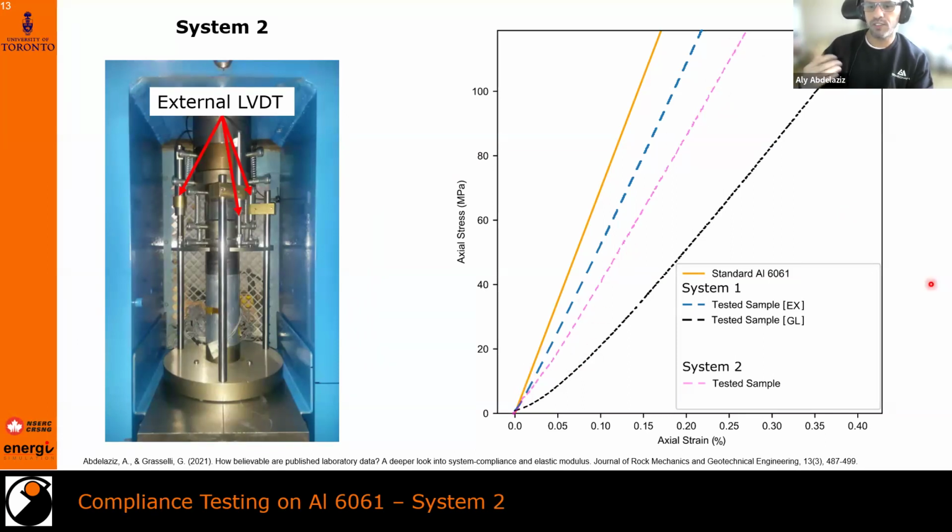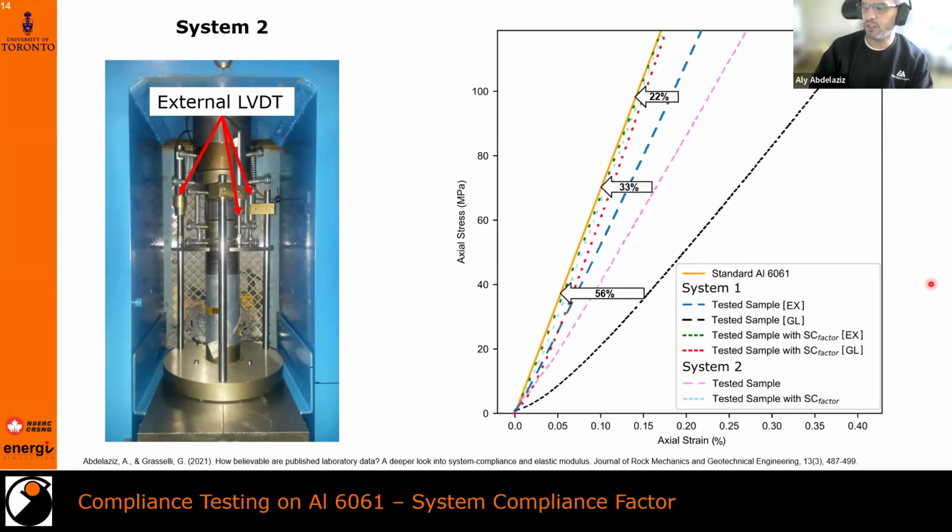So what we understand from this is every machine has inbuilt strain in it that we call system compliance. Hence, we need to understand this compliance. We need to understand how much strain is in the system or is being captured by the strain measurement devices and subtract that from our strain results.